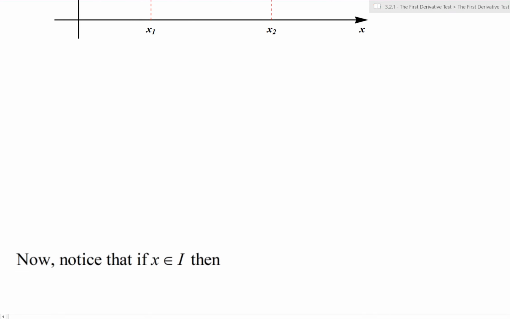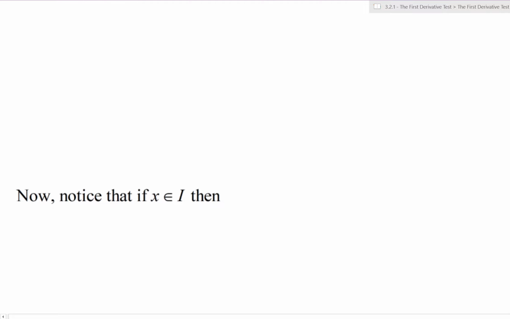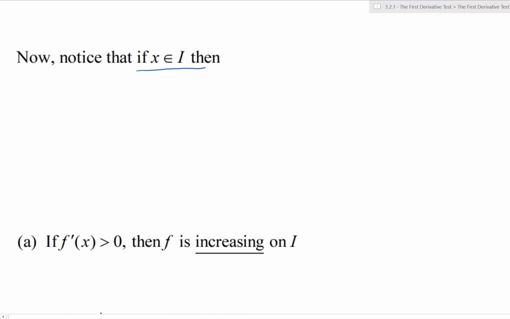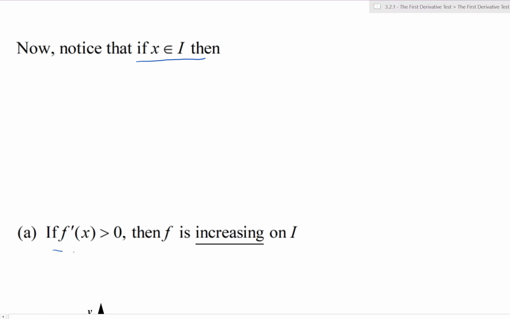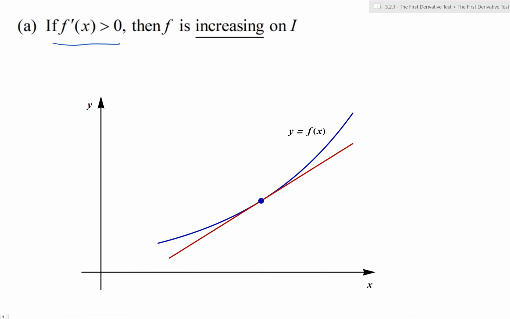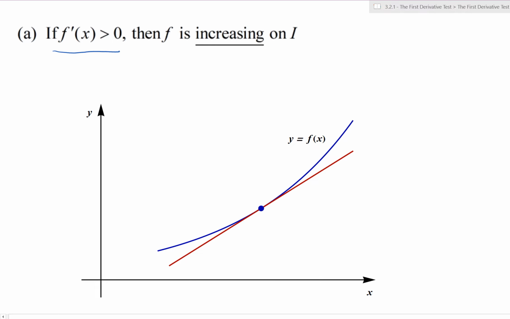Now, that was our little refresher. Notice that if you have any value of x in this interval I, then some things happen. If the derivative of the function at x is bigger than 0, then of course f is going to be increasing on that interval. And likewise, if you're increasing, the derivative is going to be positive, because the slope needs to be positive over that interval for the function to be increasing.